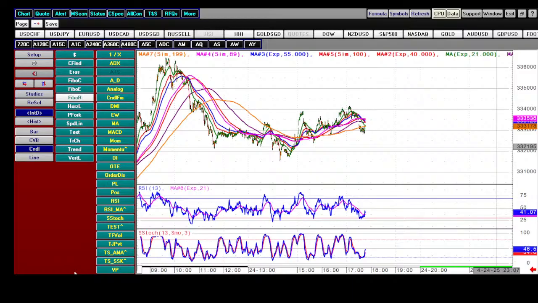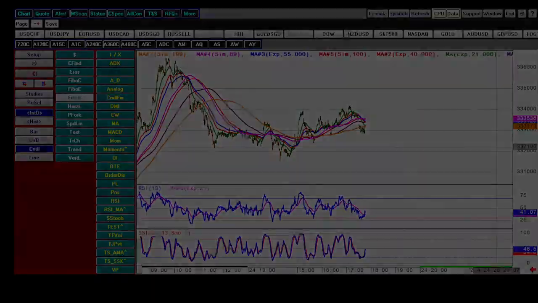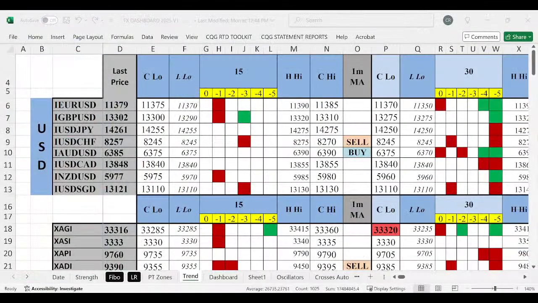Okay, let's wait. The market is a bit quiet. The 15 minutes is literally flat on all the currencies, including gold. So we should see.